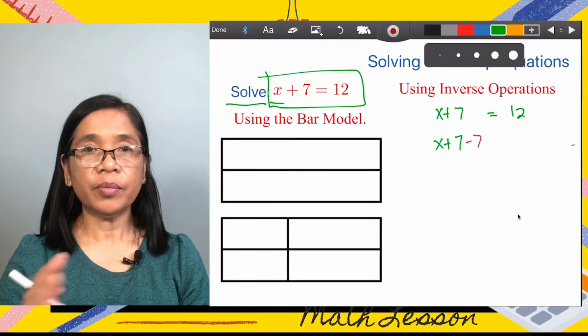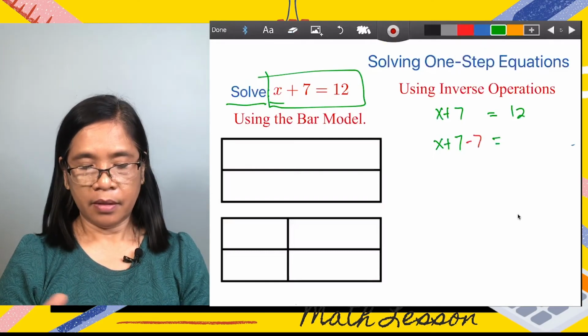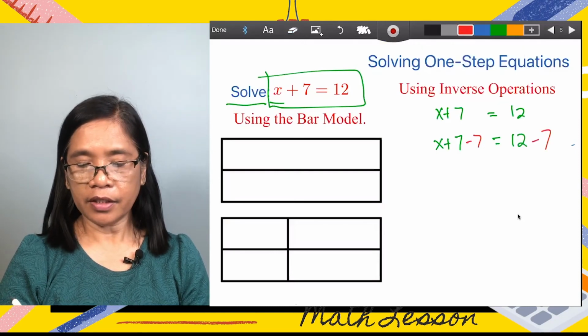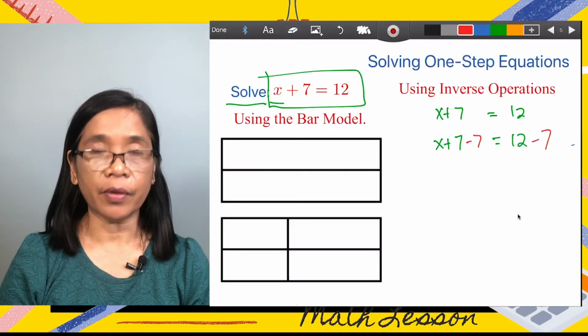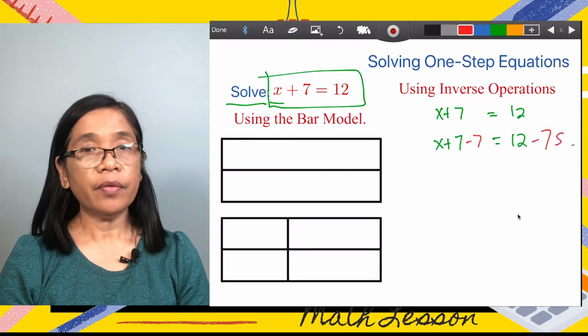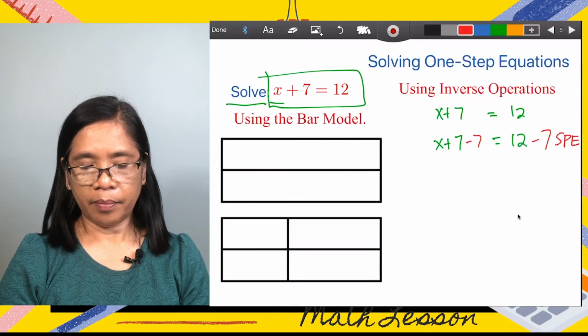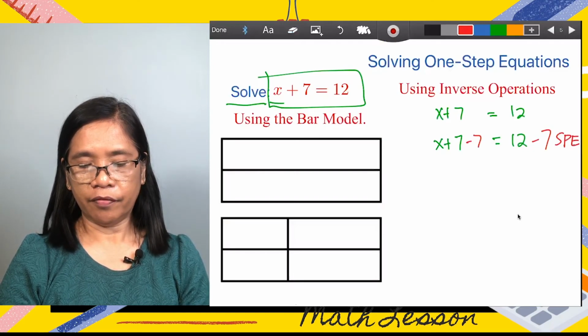We subtract 7 from both sides of the equation. And this is justified by the subtraction property of equality. Then we know that a number plus its inverse is equal to 0. So we now have x plus 0 is equal to 5.